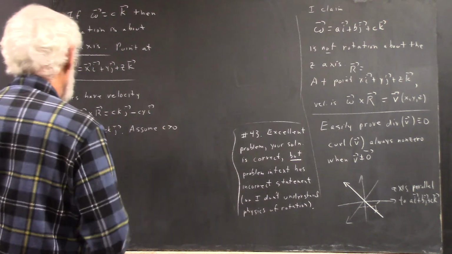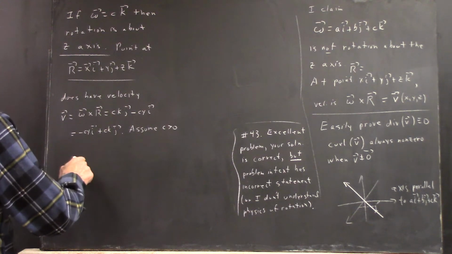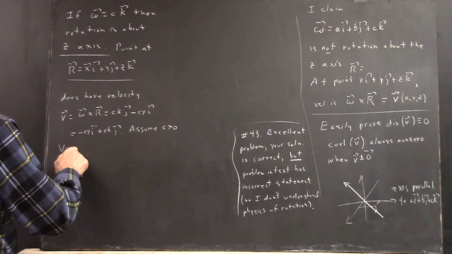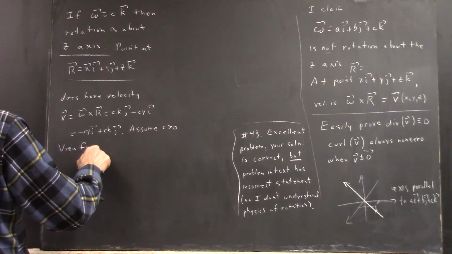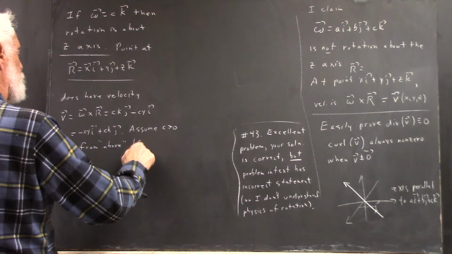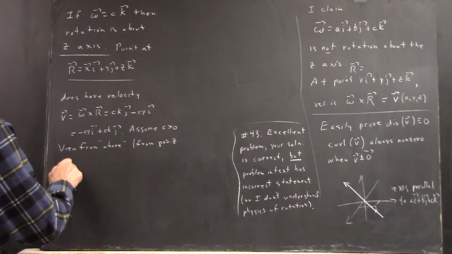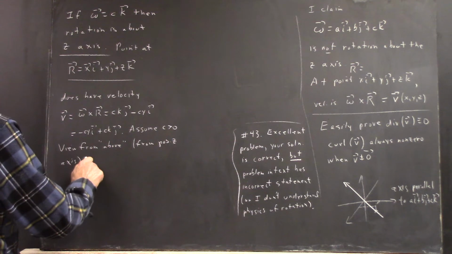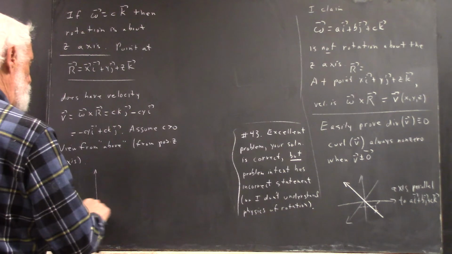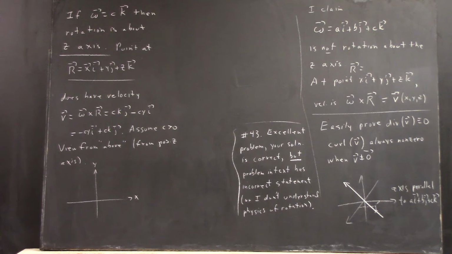If we assume c is greater than 0, then we get something like this. View from above, from the positive z-axis, you're going to look down here and see your x and your y-axis.